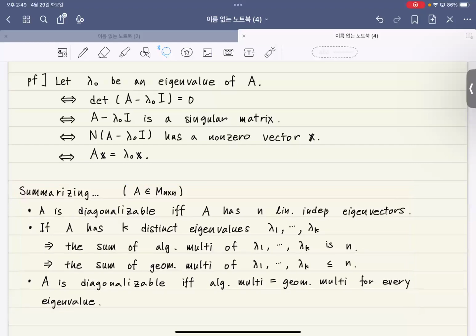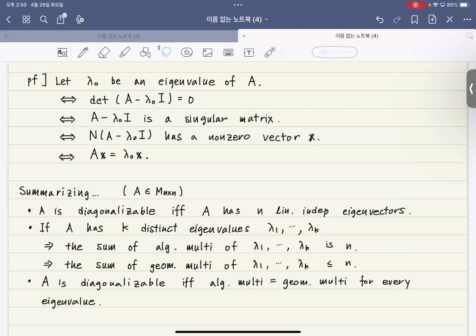So let me summarize what I have explained so far. For a given n by n matrix A, A is diagonalizable if and only if A has n linearly independent eigenvectors. If A has k distinct eigenvalues, lambda 1 to lambda k, then the sum of the algebraic multiplicities of all these eigenvalues must always be n.